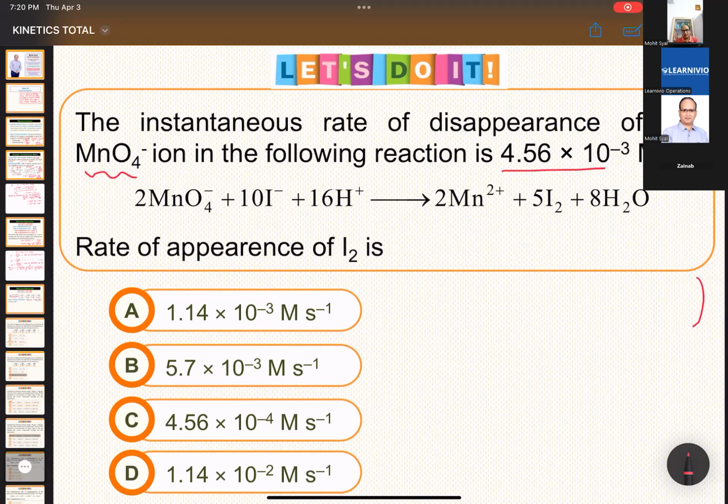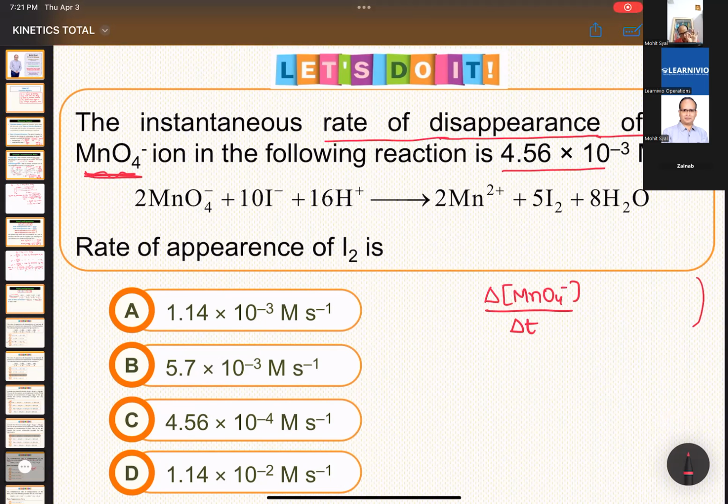So it just becomes a concentration change. Yes, it is the rate of disappearance of the permanganate ion MnO4 minus, which is basically delta MnO4 minus by delta T. If you talk about a particular reactant or product, don't divide.